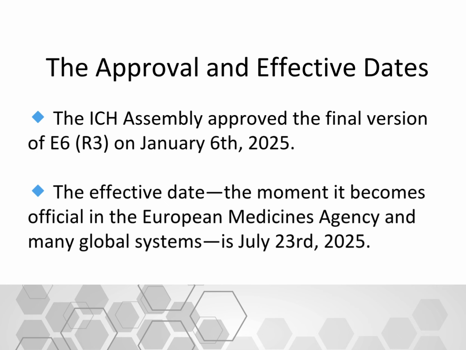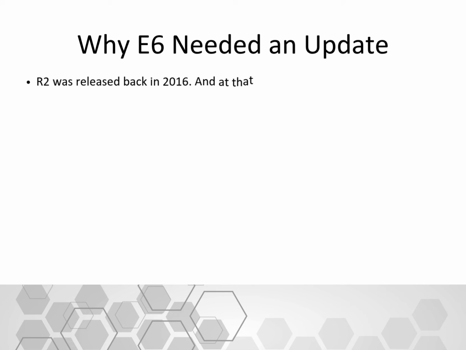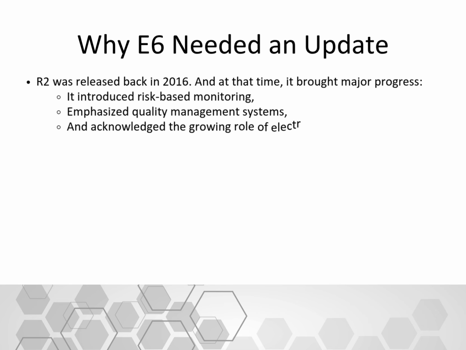Let's take a step back. R2 was released back in 2016, and at that time, it brought major progress. It introduced risk-based monitoring, emphasized quality management systems, and acknowledged the growing role of electronic systems. But the world of clinical research hasn't stood still.